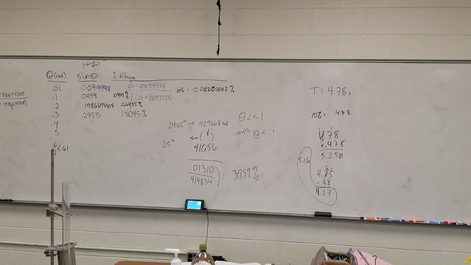Because the question asks, at what angle are you off by 10%? The first one: at what angle is a small approximation off by 10%? More specifically, when is the sine of the angle off by 10%? And the other one is: determine the angle at which the period is 10% off of the theoretical value.